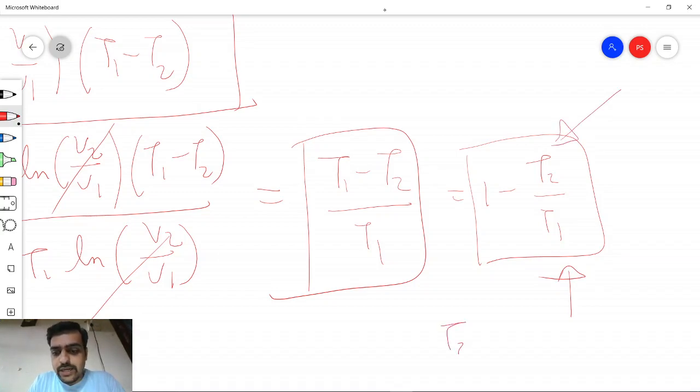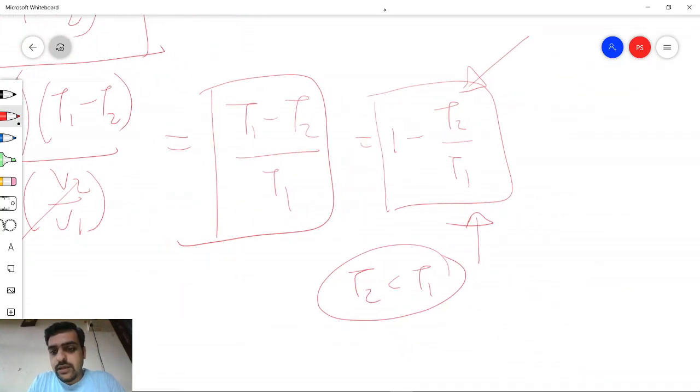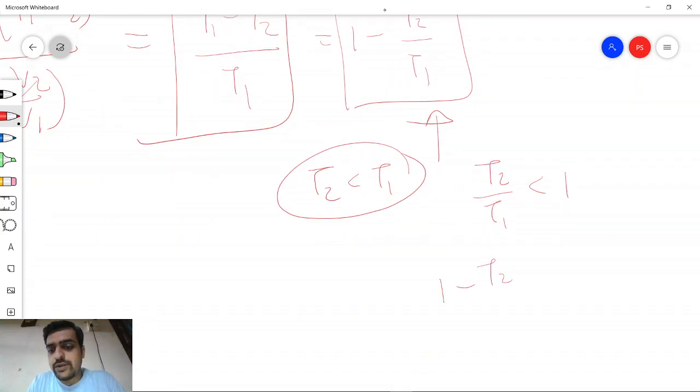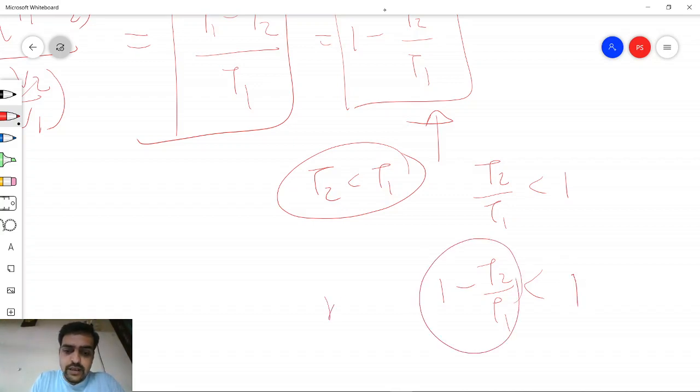So clearly T2 is smaller than T1. Yes, this means that this ratio T2 by T1 is smaller than 1. So clearly 1 minus T2 by T1 is going to be smaller than 1. Thus the efficiency of this engine is always going to be slightly smaller than 1.